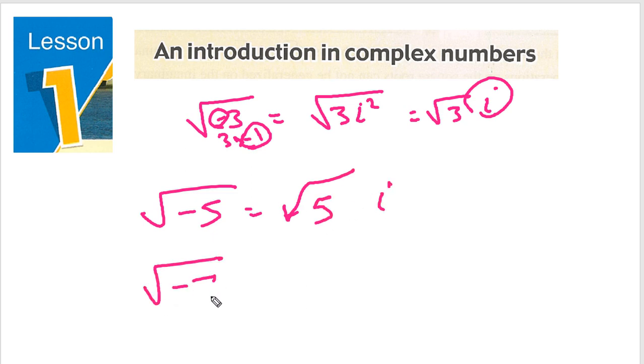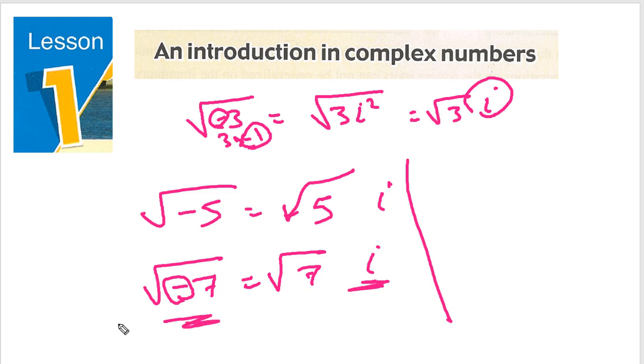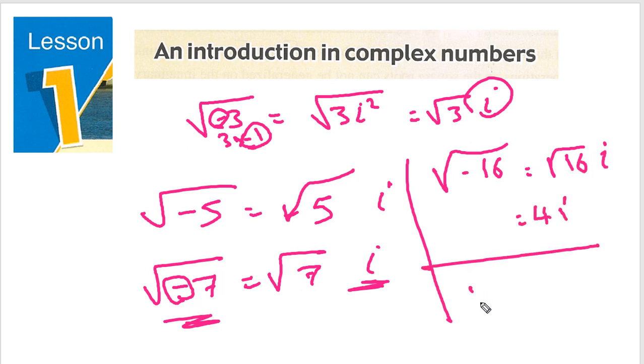Root negative 7 will be root 7 i. Negative means imaginary, there is no real value here. Square root of negative 16 will be root 16 i, and root 16 is 4, so 4i. Square root of negative 9 will be root 9 i, and root 9 is 3, so 3i.